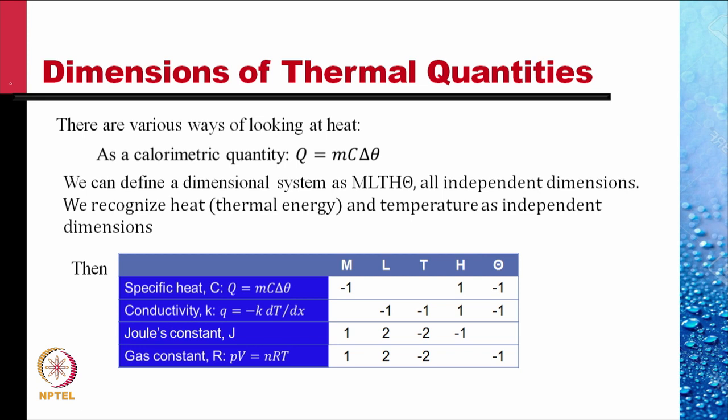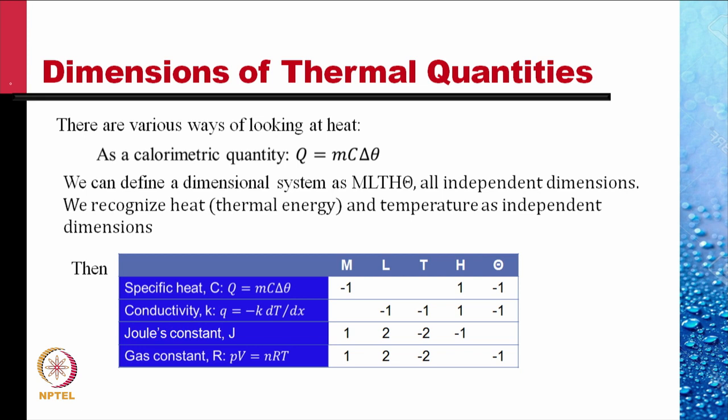And delta theta is the temperature, which we give a dimension capital theta. So now in a system, we have 5 dimensions: M L T for the mechanics part and H and theta for the thermal heat transfer part. They are all independent dimensions.